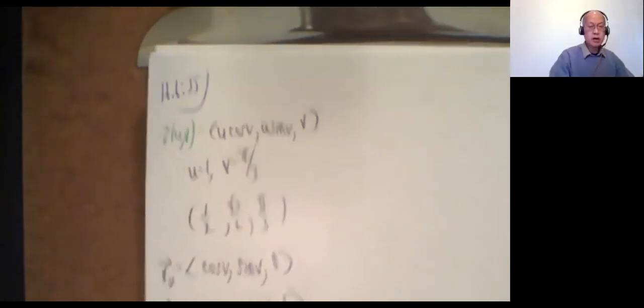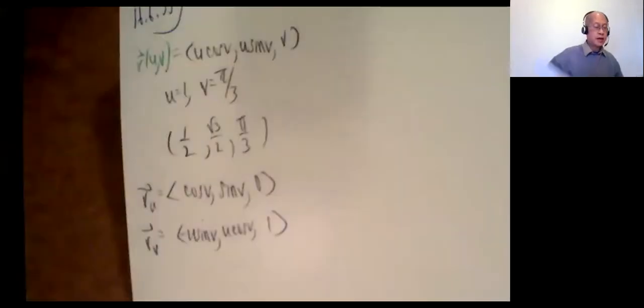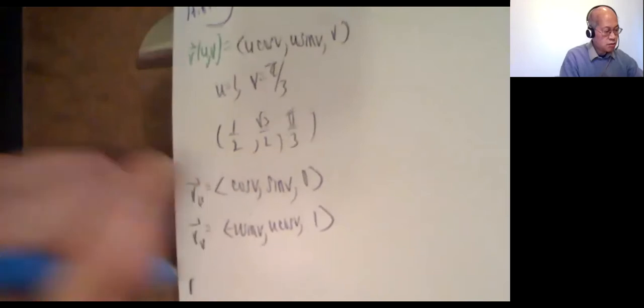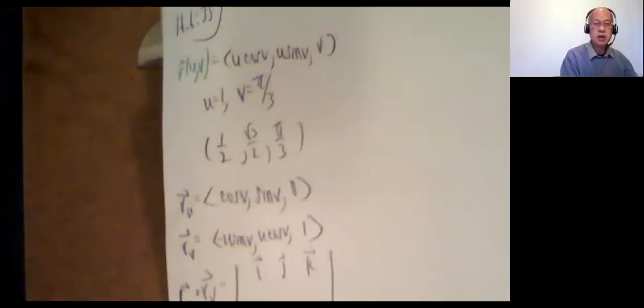I need their cross product. So if you want to know what I'm doing, you can pretty much just follow along, same template as 33. r_u cross r_v, i, j, k, cosine v, sine v, 0, negative u sine v, u cosine v, 1.